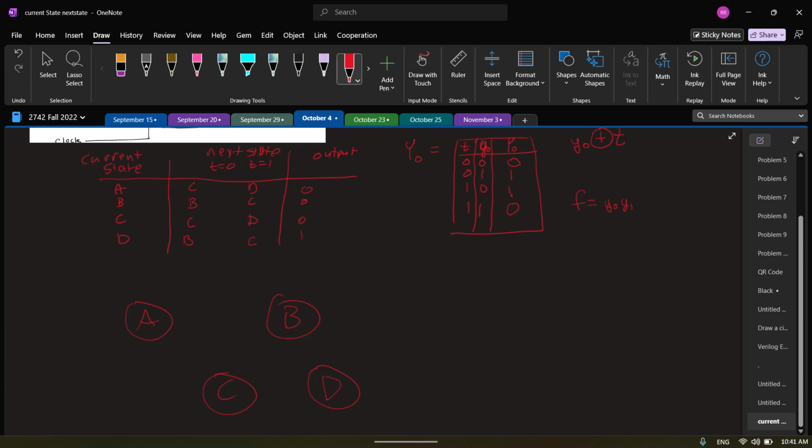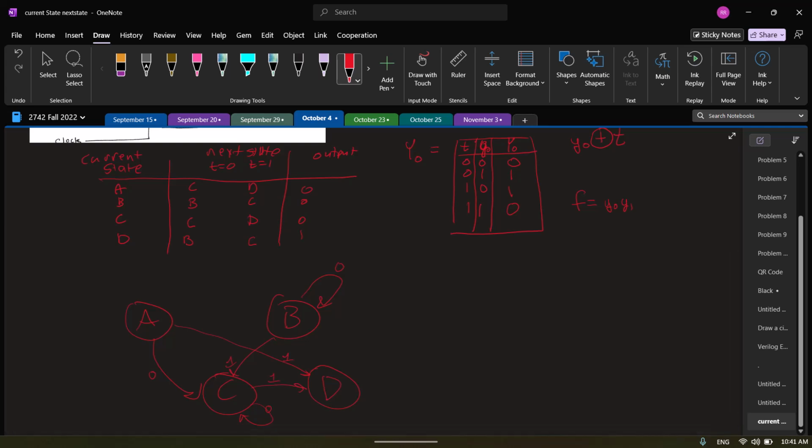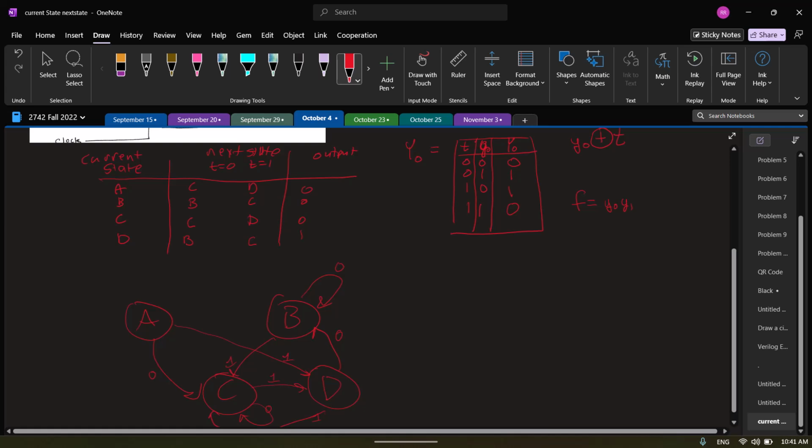From A, if t is 0, I go to C. If t is 1, I go to D. From B, if t is 0, I stay at B. If t is 1, I go to C. From C, if t is 0, I stay at C. If t is 1, I go to D. And from D, if t is 0, I go to B. And if t is 1, I go to C. And I can put my output on the states themselves because it's a Moore machine. So A is 0, B is 0, C is 0, and D is 1.